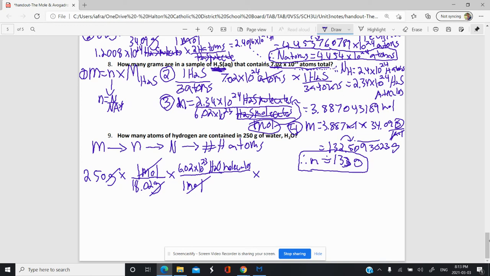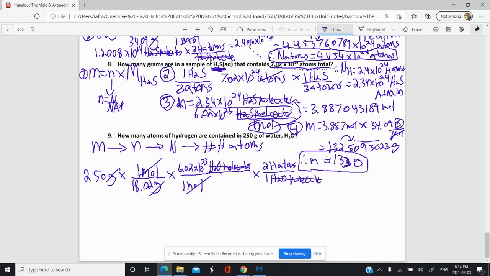And then finally, we're going to do times 2 H atoms per 1 H2O molecule. And so that'll cancel out the H2O molecules. And at the end, we're left with H atoms, which is the unit we want.